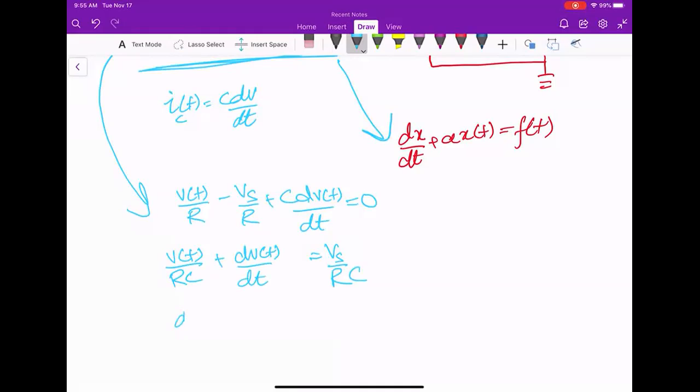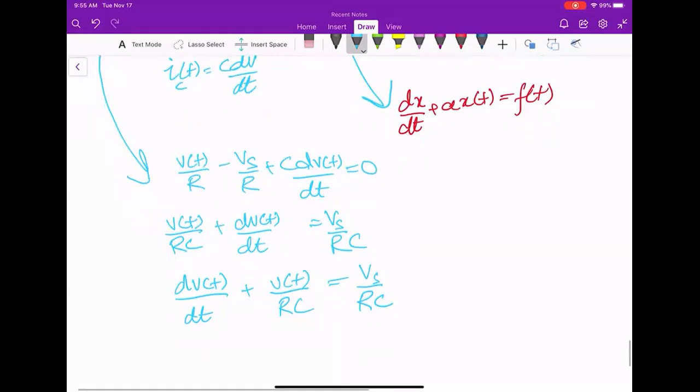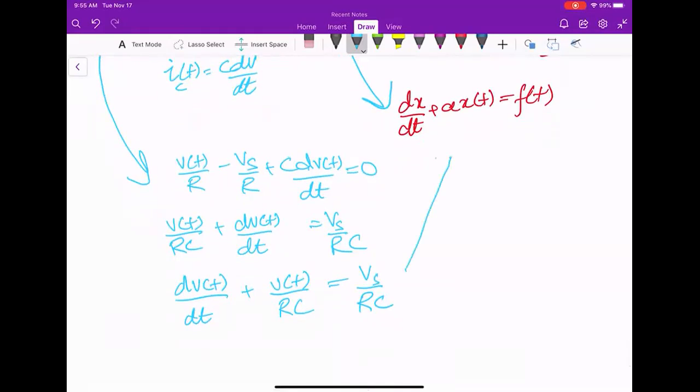Okay. So now you can see that I have this form. If you compare my equation to this form, you can see some similarity.